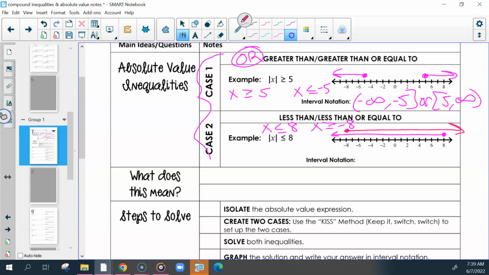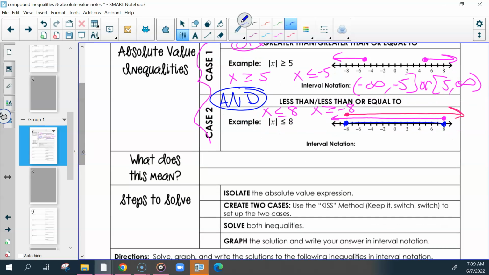And because they overlap, we just want where they overlap, not both of these. So from negative 8 to 8, and everything in between. So if we start off with the less than, these are and inequalities. And our interval notation would be from negative 8 to 8.